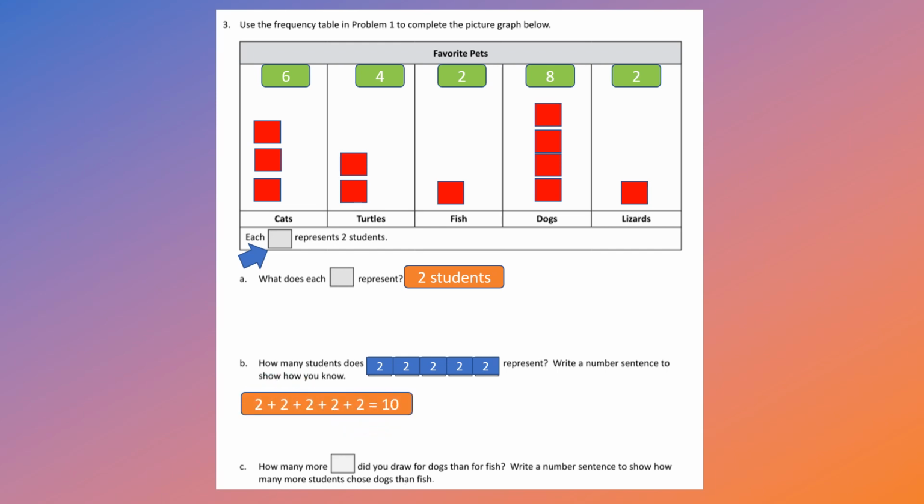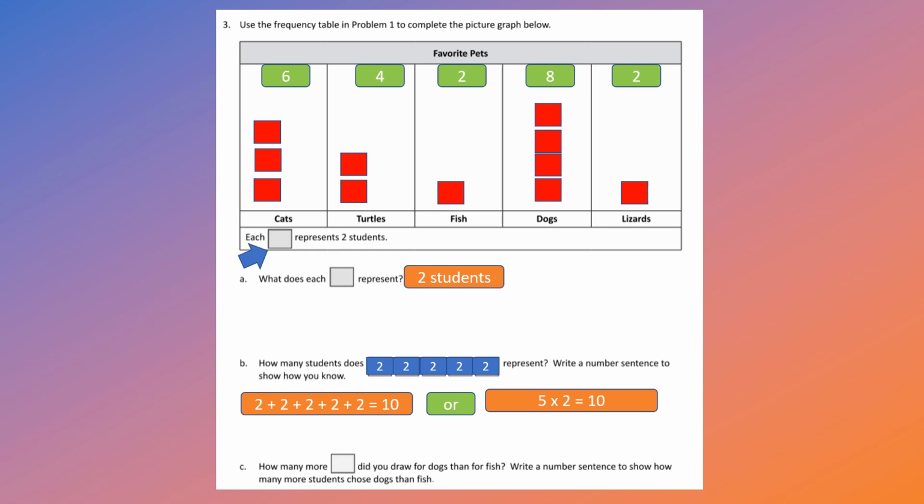So I can write 2 plus 2 plus 2 plus 2 plus 2 equals 10, right? Or I can write it as a multiplication sentence because I do see 5 2s. And when I say 5 2s, that's the same thing as saying 5 times 2 equals 10. So those are 2 number sentences that you could possibly write to represent those 5 2s. And either one is correct.